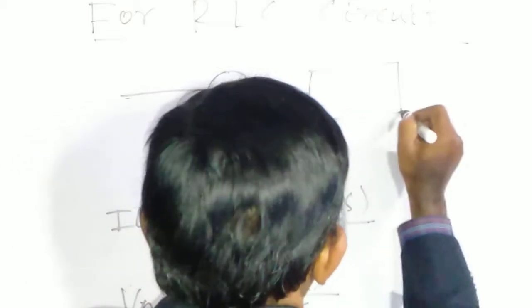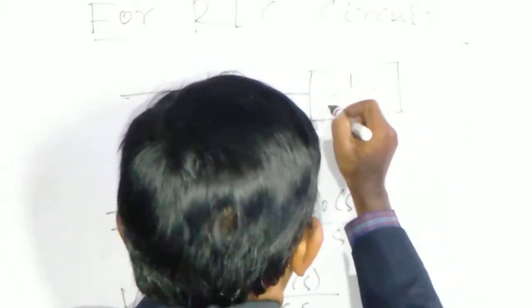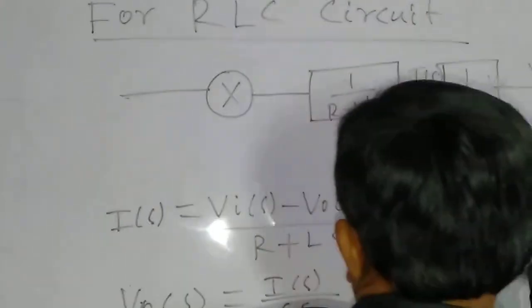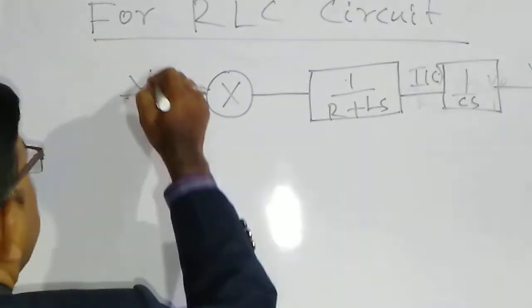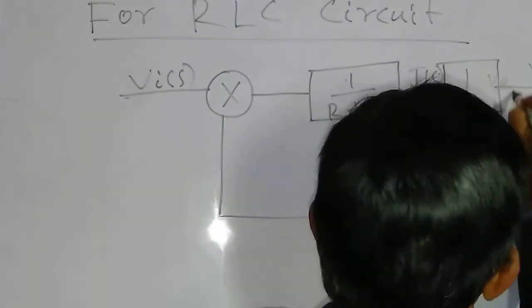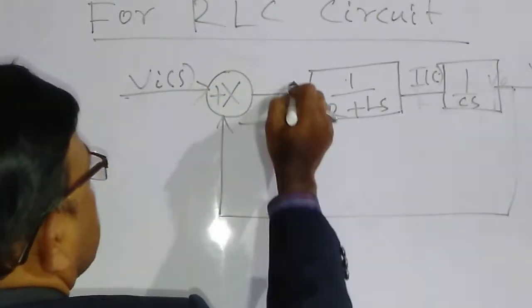So this is 1 by R plus Ls, and this is 1 by Cs, and this is the V naught of s, this is I of s, and this is minus, this is plus.